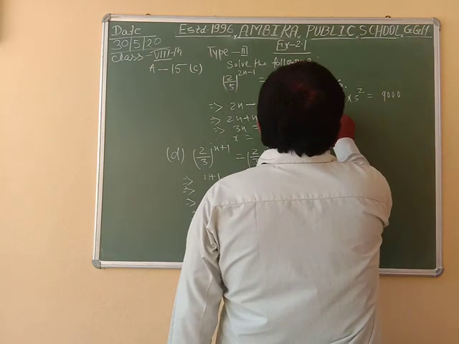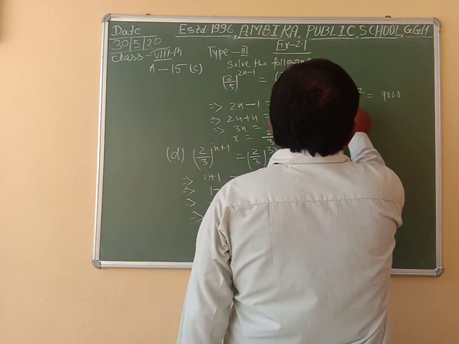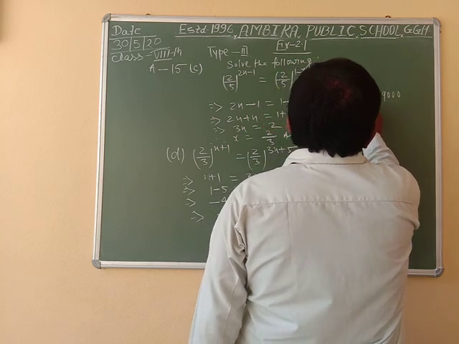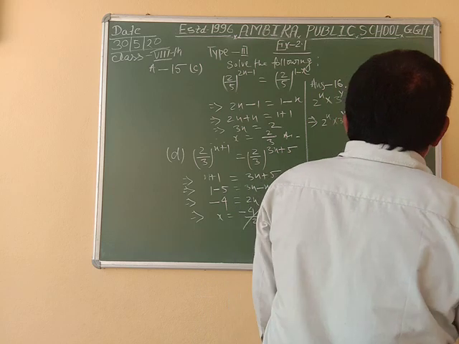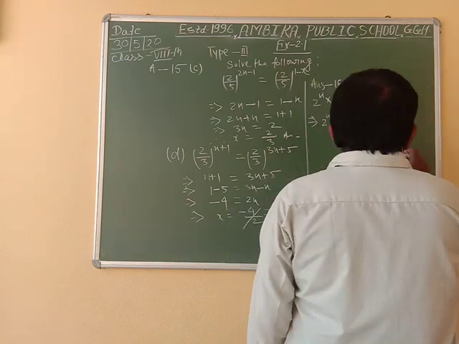2 to the power x into 3 to the power y into 5 to the power z is equal to, factorizing 9,000.